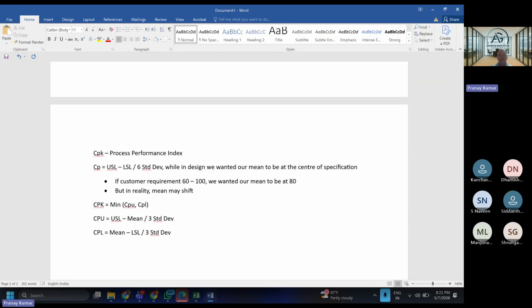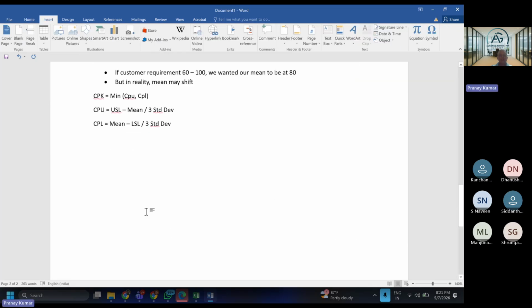Let's take an example. USL is equal to 100, LSL equal to 60, and my standard deviation is 8.